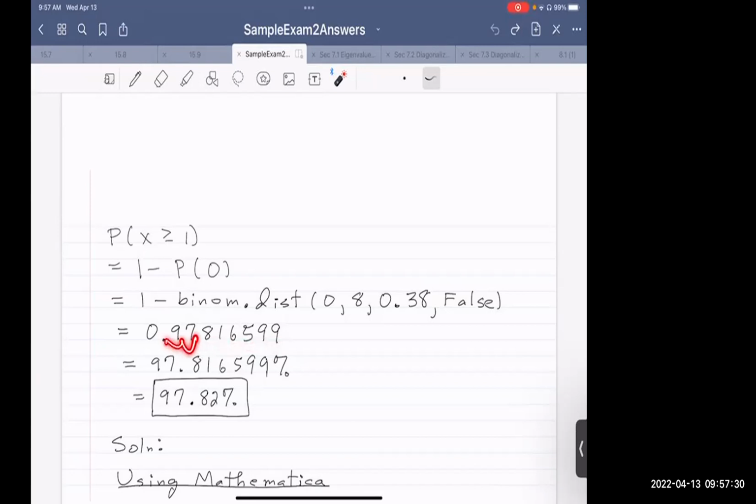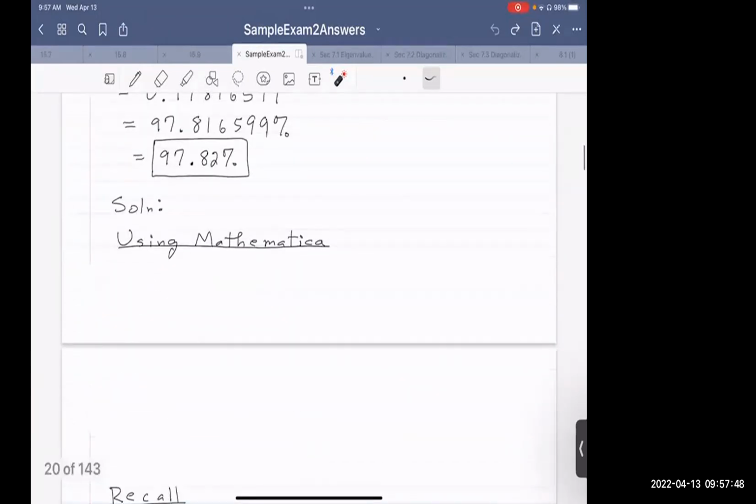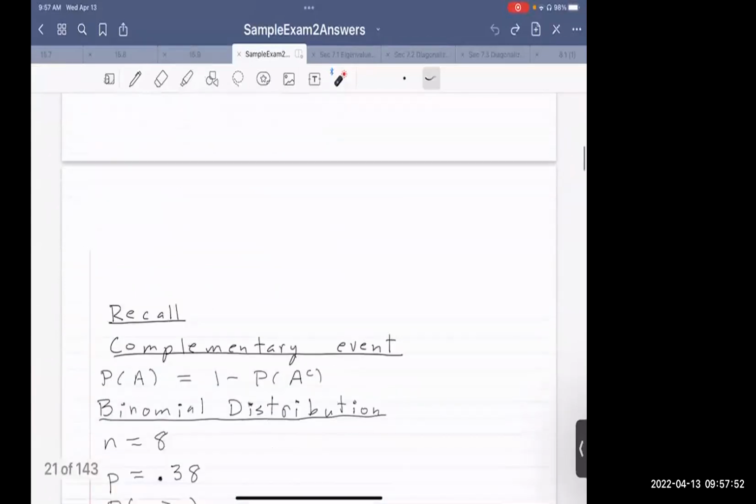Let me move my decimal place 2 places to the right. And so I have here 97.816599%. Rounding to the nearest hundredth of a percent, I have here 97.82%.